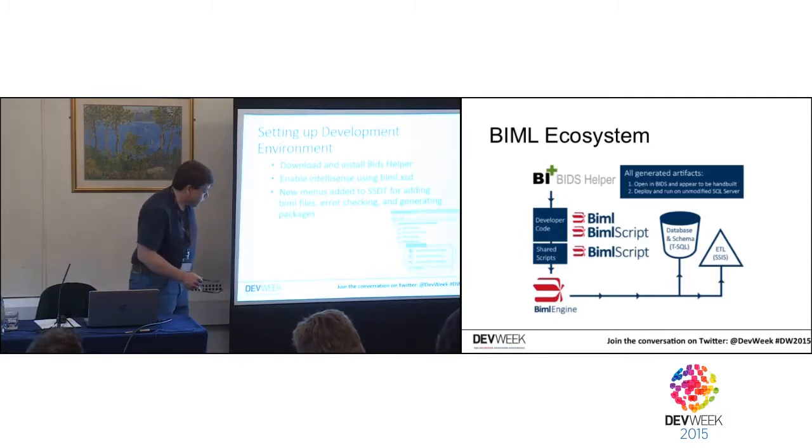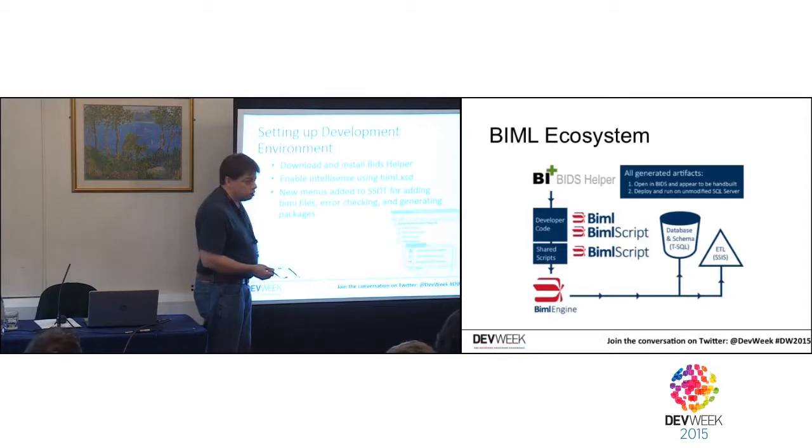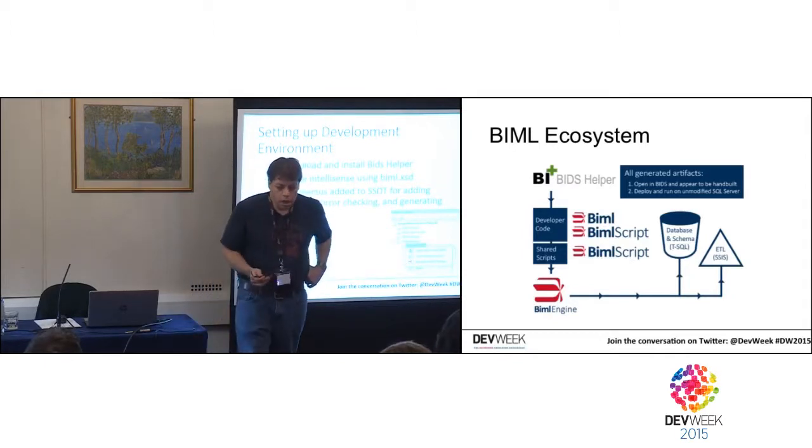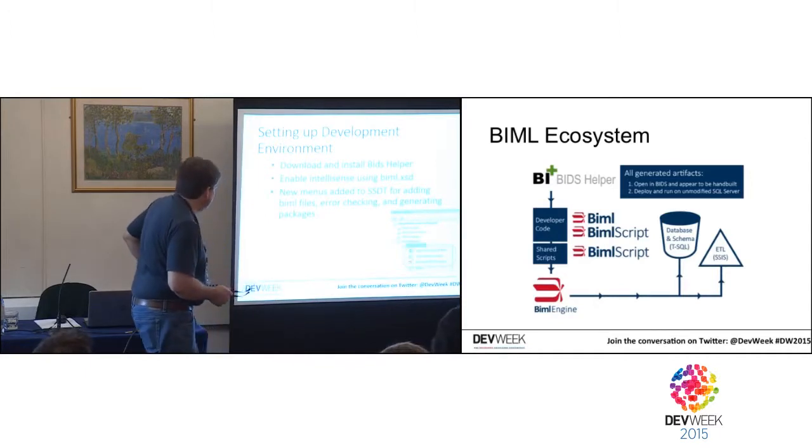Okay, so setting up the development environment. When you go out there, you download and install BIDS Helper. And then the next thing to do, you want to enable IntelliSense using a BIML XSD file. If you plop that in, you can then have IntelliSense.